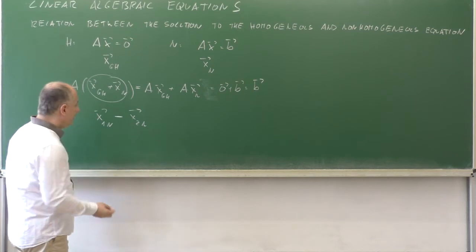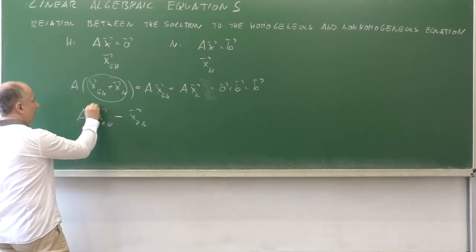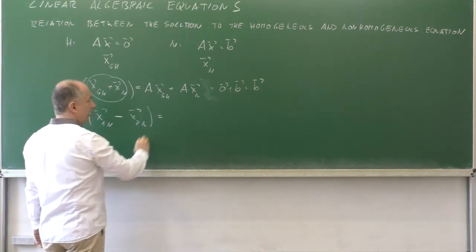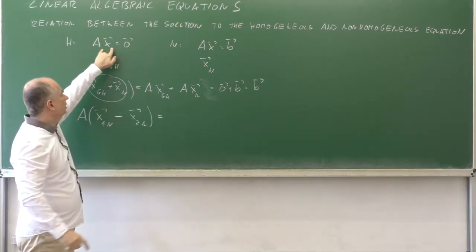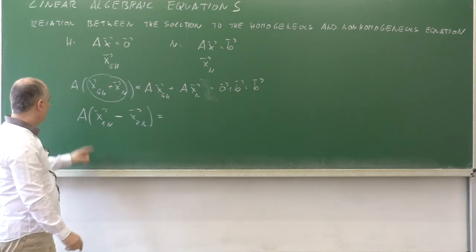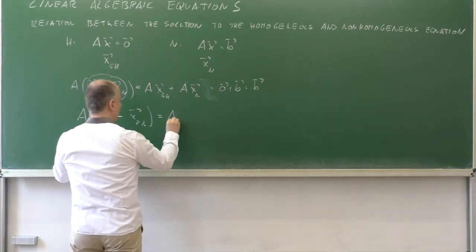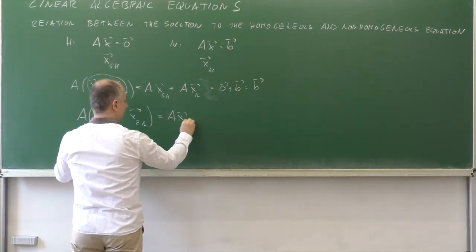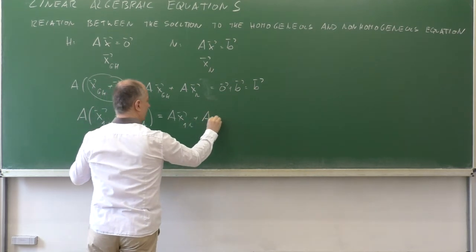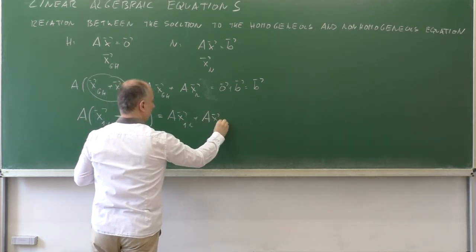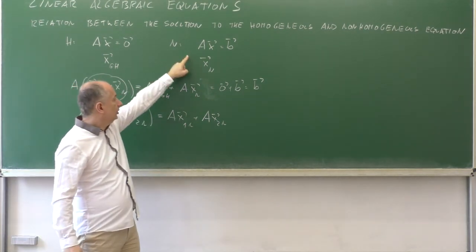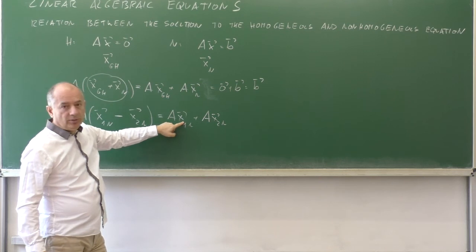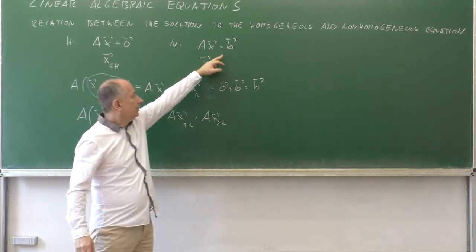Well, this is very easy to show, because if we multiply this difference by A, actually trying to put this vector into the homogeneous system, then this is A x1 minus A x2. But if this vector solves the non-homogeneous system, then when multiplied by the matrix A, we get the vector b.